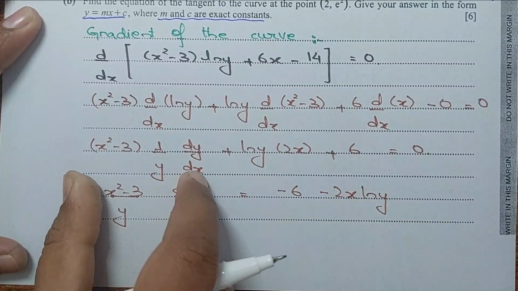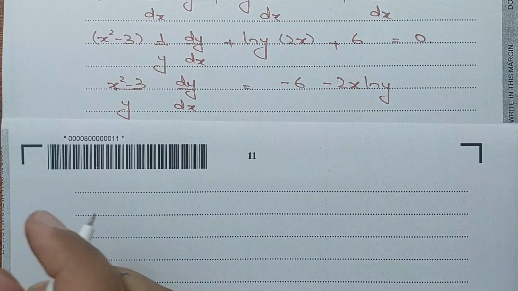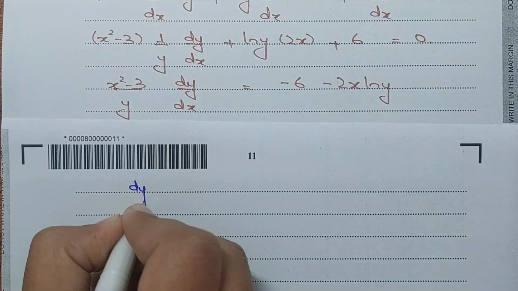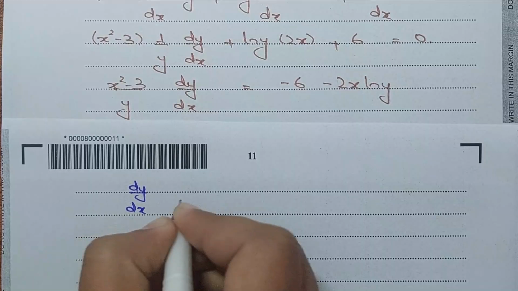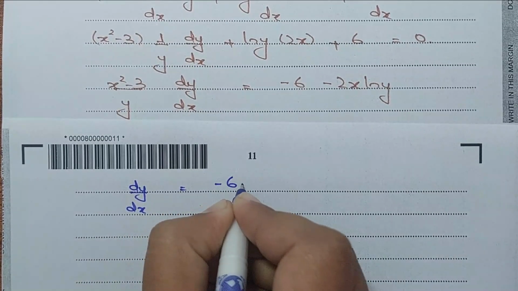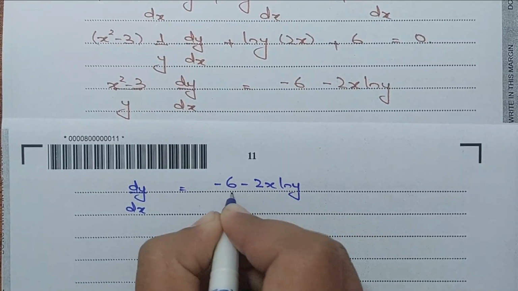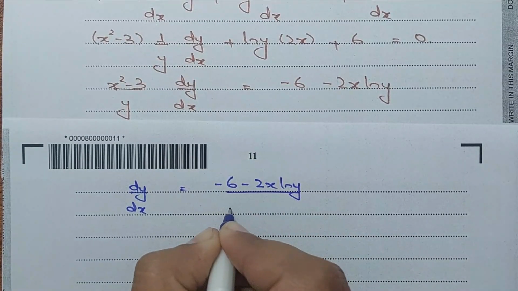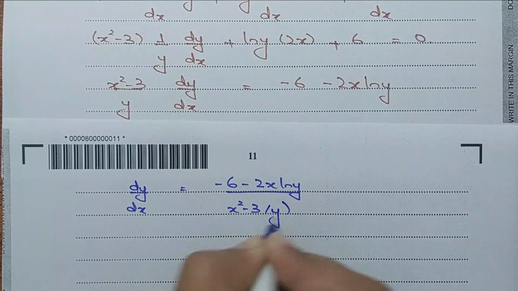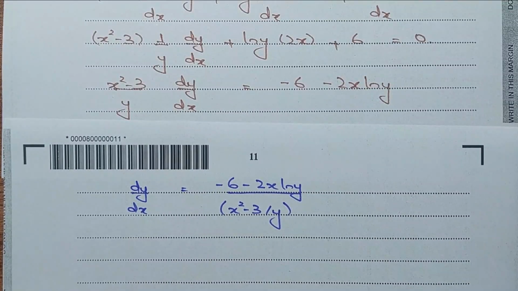I combined the dy/dx term and moved the constants to the other side, right? Further simplification: dy/dx equals minus 6 minus 2x ln y, divided by (x² minus 3) over y. This term goes in the denominator, right? So this is the gradient.